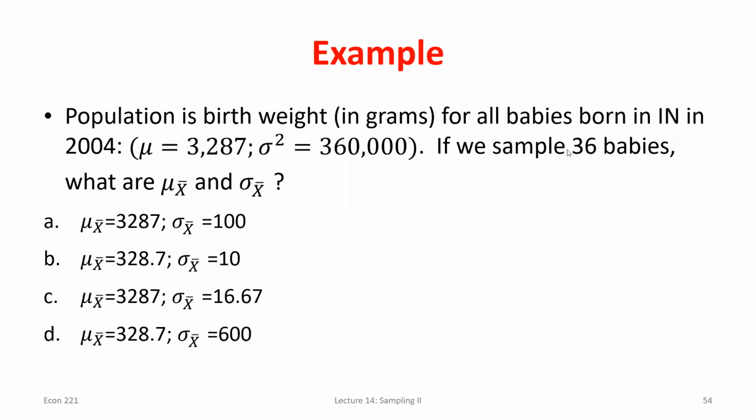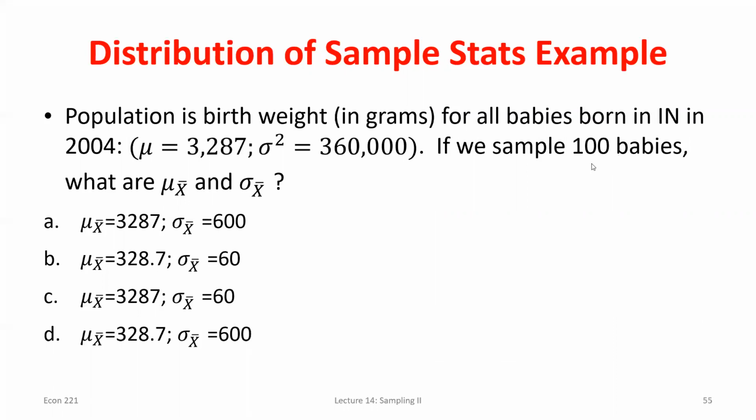When I take samples of size 100, I know the new standard deviation has to be less than 100. So it would have to be one of the standard deviation answers that had 60, because 600 would be greater.